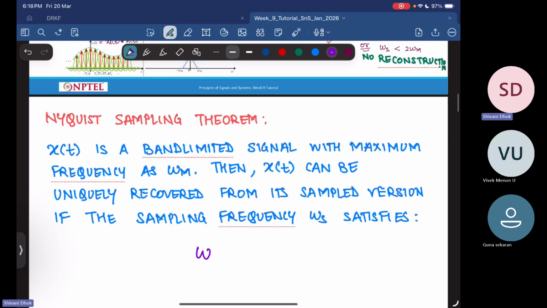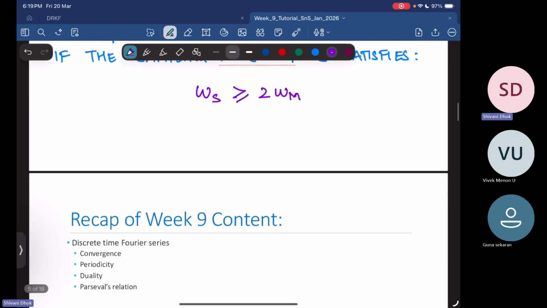Your sampling frequency omega s should be at least equal to 2 times the maximum frequency, or 2 times omega m. So this is your Nyquist sampling theorem, and once you sample properly, you get your discrete time signals, and then we are good to go to do discrete time signal processing.